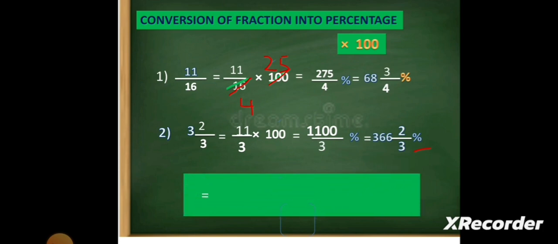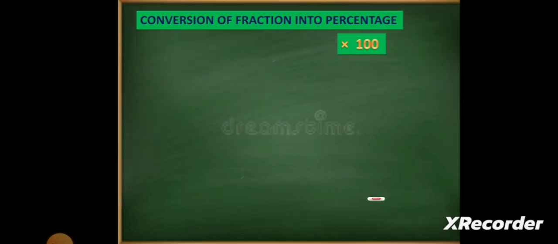We will make use of brackets. We will write 11 upon 3 into 100 in a bracket and then put percent sign. Here we won't forget to put percent sign. Now we'll get it as 1100 upon 3 percent, which equals 366 2 upon 3 percent.